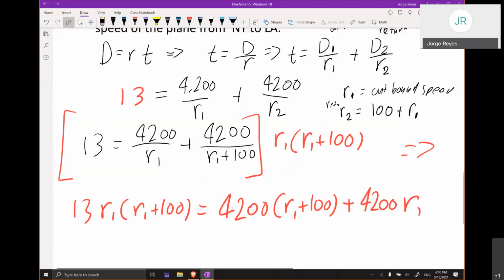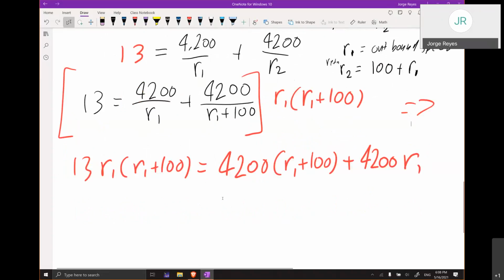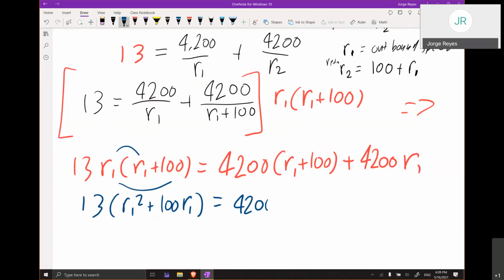Now I'm going to FOIL. It's a little painful, so I'm going to do this slowly, because you don't want to mess up. R1 times 4,200, plus now this is going to be the number 42,000. Is it going to be 42,000?